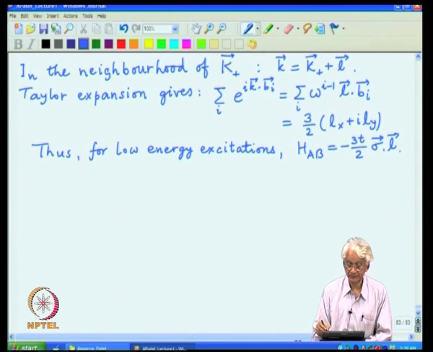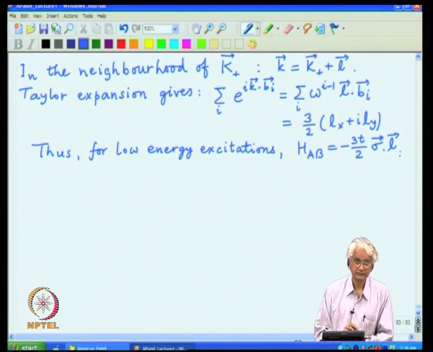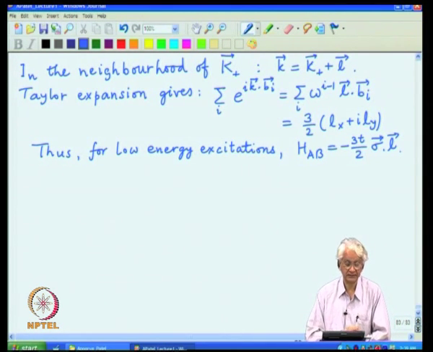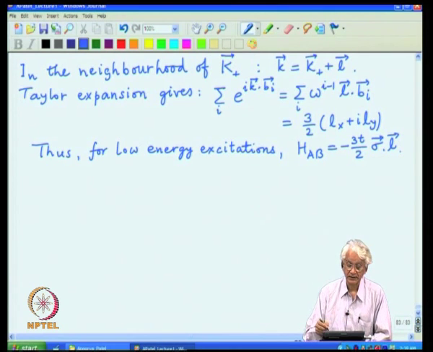So, this now becomes the description of the theory for lower energy excitation. It is essentially the structure of the Weyl Hamiltonian, or rather the Dirac Hamiltonian with mass equal to 0.